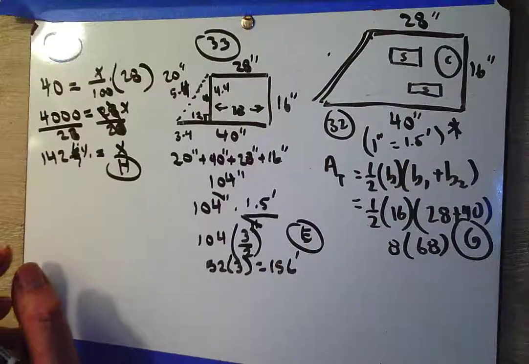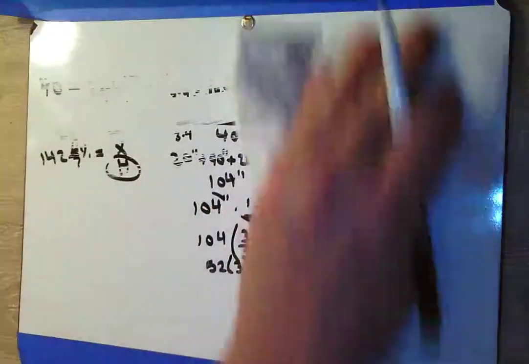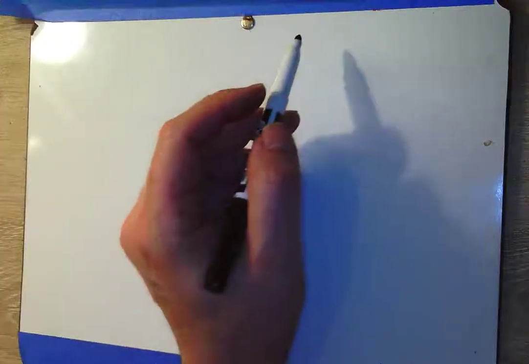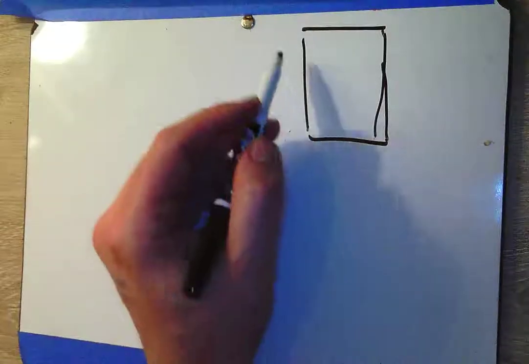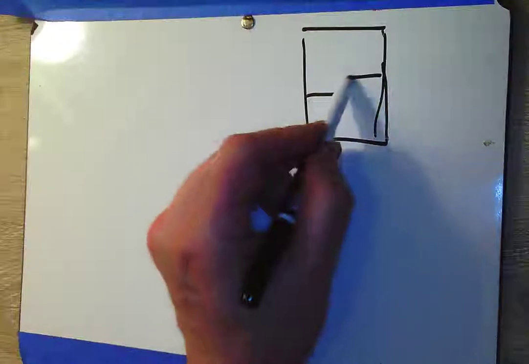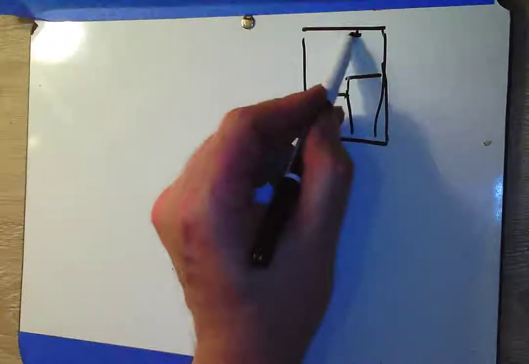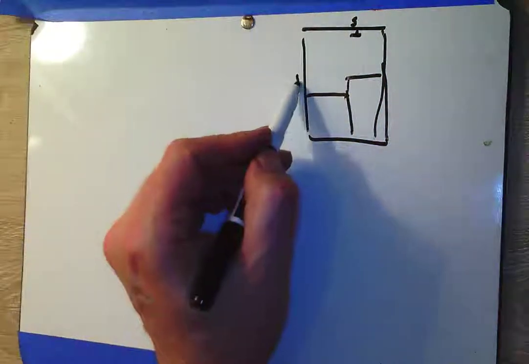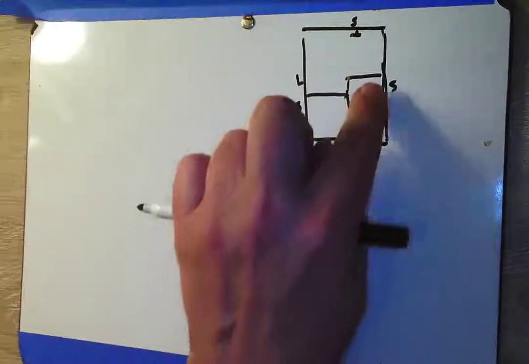35, 36, 37 deal with a different picture. So let's draw that picture. Okay, so we've got a house here, and the house has a floor plan. Please note the number of rooms. There's 3 rooms in this house. There's a small window here, a large window here, a small window here, a small window here.